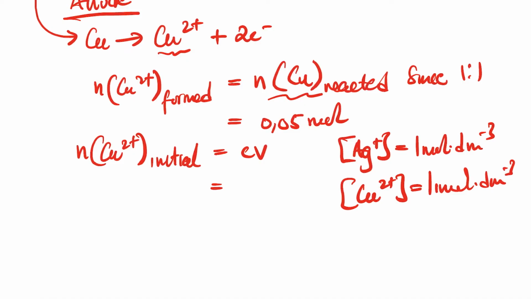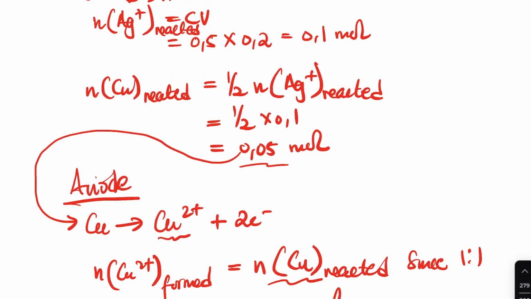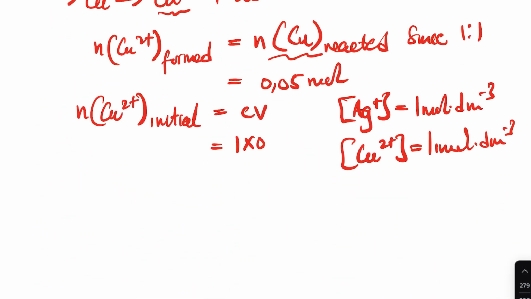So I'm going to calculate the number of moles of copper ion using this concentration. It's going to be 1 times the volume. What was the volume? It was 0.2, right? So that is 0.2 mole. This is the number of moles that was initially there.